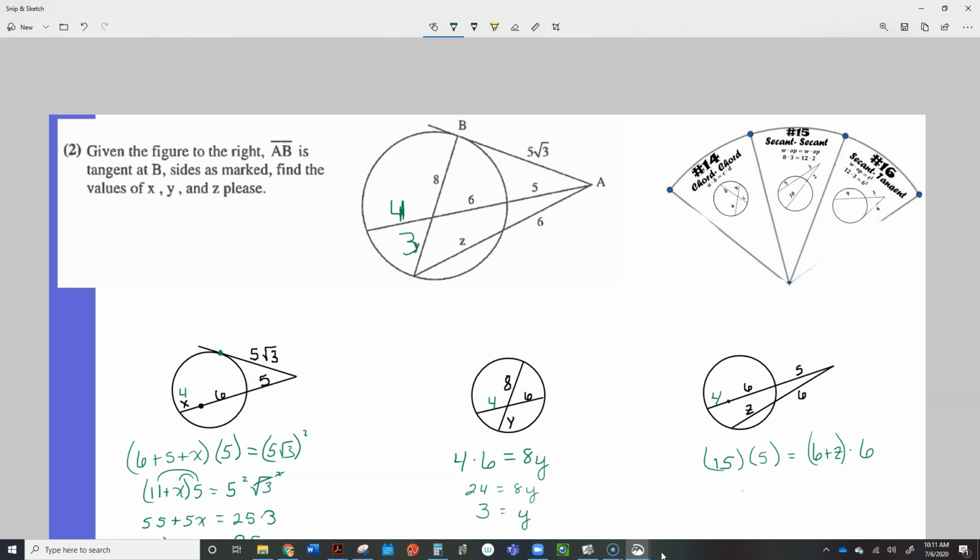is 75. And then distribute the 6. And we've got 75 minus 36 is 39.